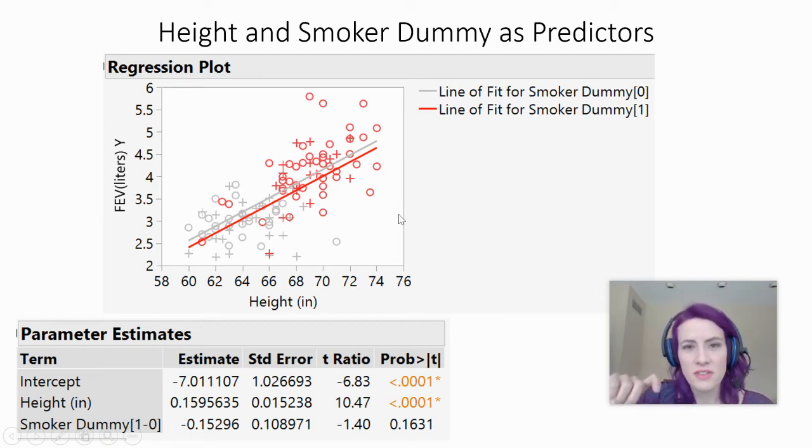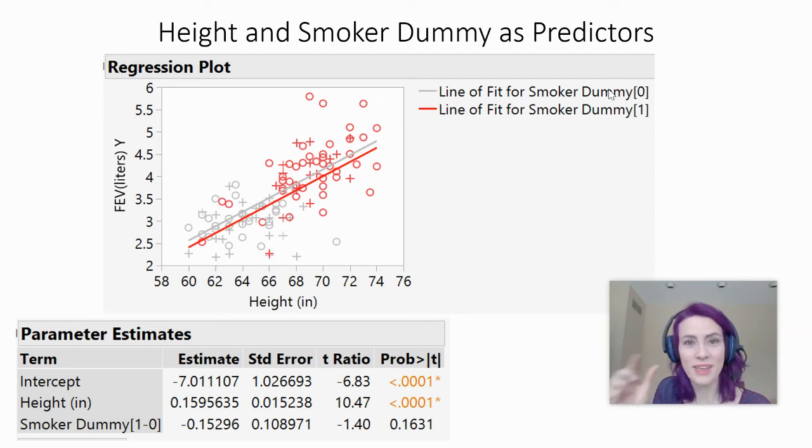So think of the 0 and the 1 as our on-off switch. So the baseline, kind of just height versus FEV for non-smokers, we'd have the intercept of about -7 plus about 0.16 times the height. But when it comes to the smokers, they're also going to get a little bit extra added on.